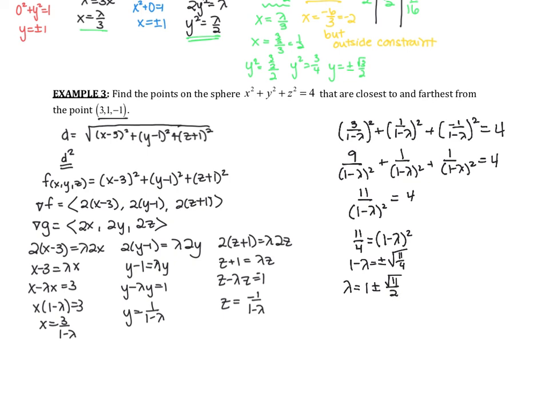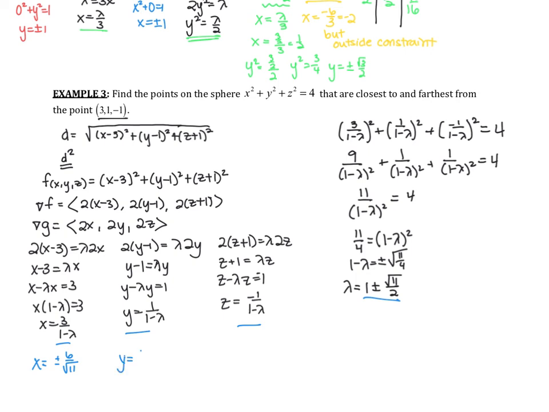Okay, well now I'm going to take this lambda and substitute it back into each of these values. You can verify the math if you would like, but when I substitute these back in, for example, x, we're going to get plus or minus 6 over root 11.